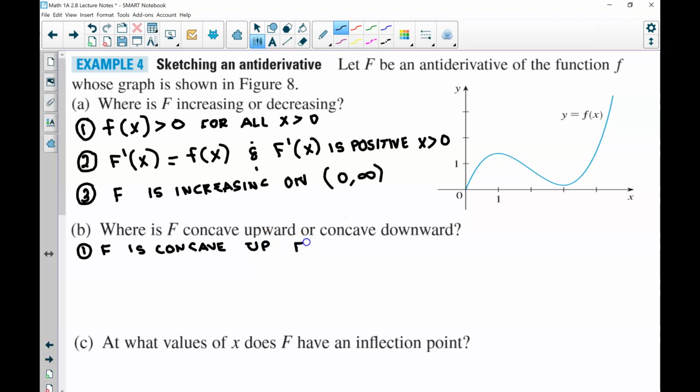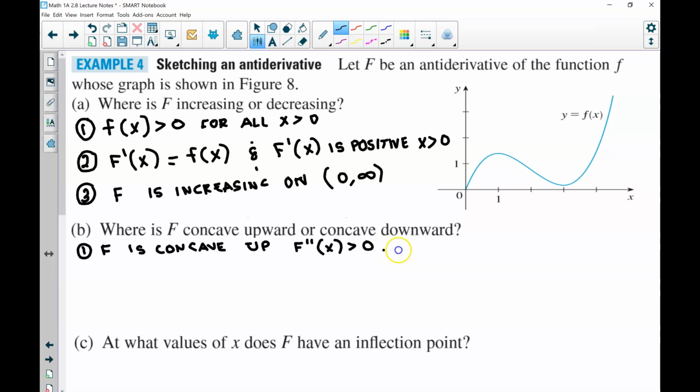when the second derivative of that function is greater than 0. Now, we know that f double prime is equal to f prime of x.